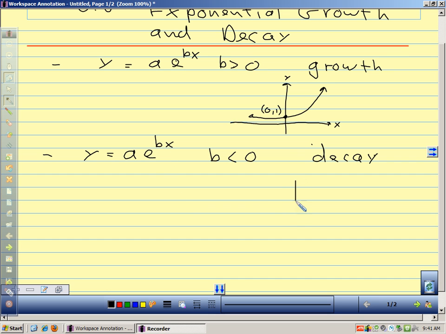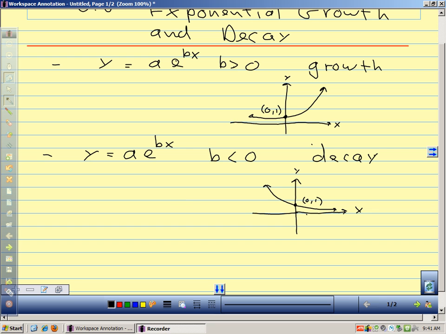And our quick graph of exponential decay looks like this. And it also goes through the point (0, 1). And we're going to be solving equations involving growth or decay with some different applications.